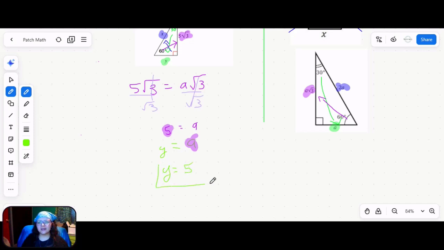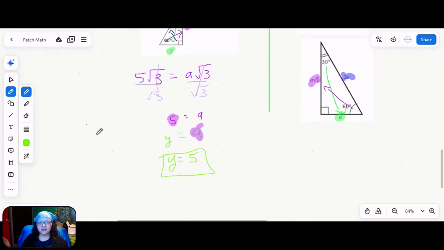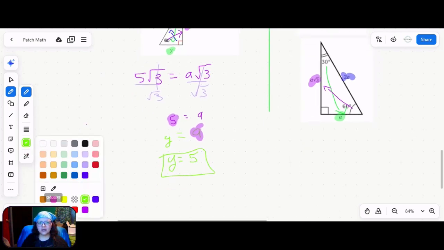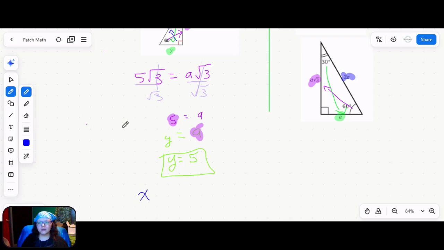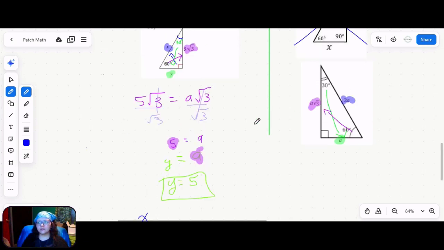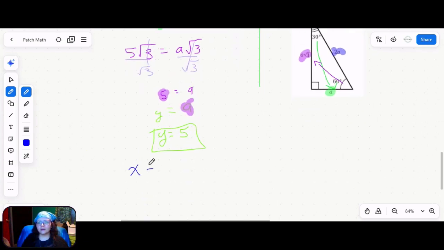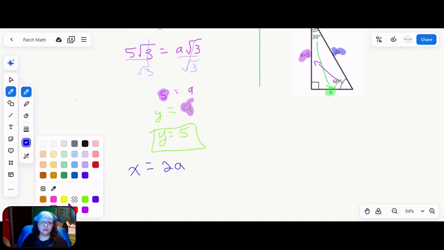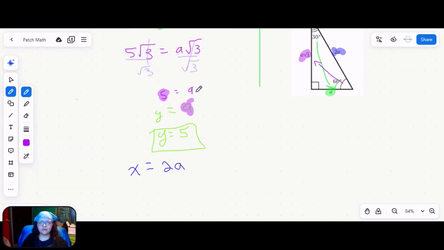And we're almost done. The other unknown is to solve for the x. In this case, x is equal to 2a. We know that a is equal to 5 right here.